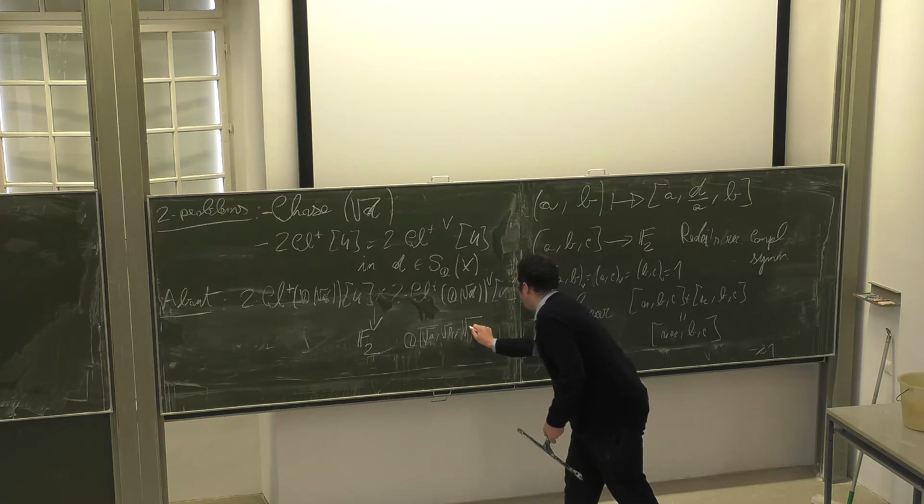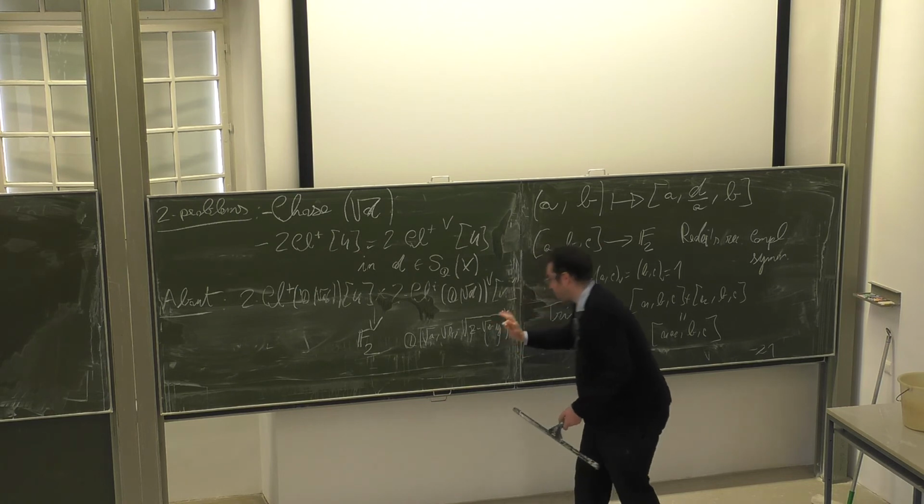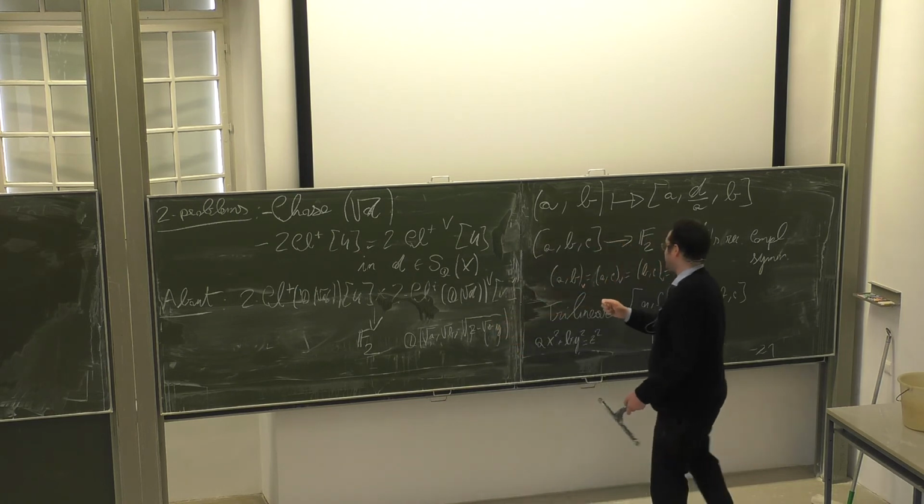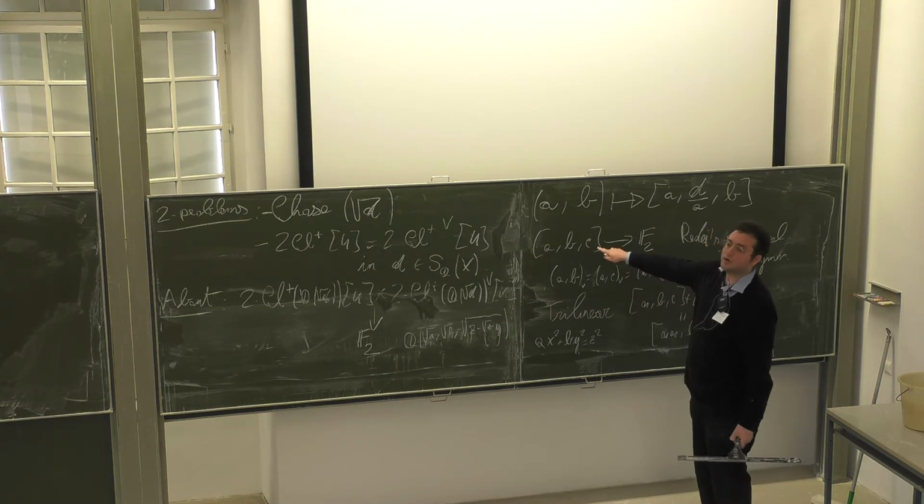So z minus root B y for a carefully chosen solution, and then you take the Artin symbol of C in there.